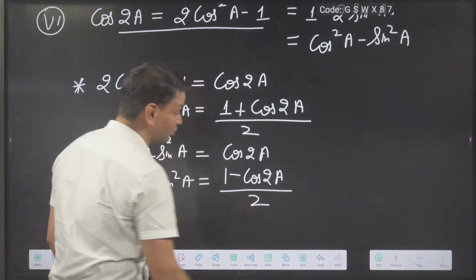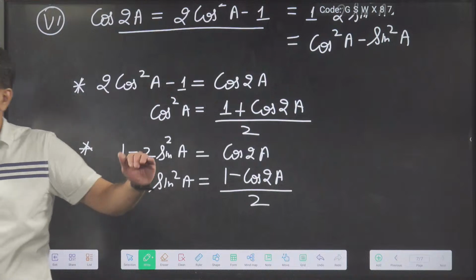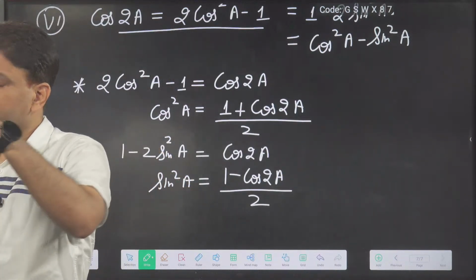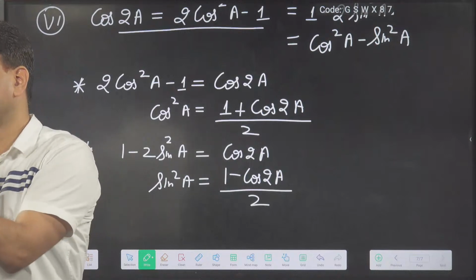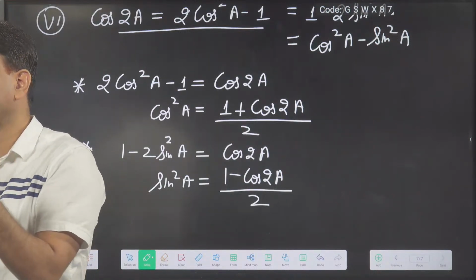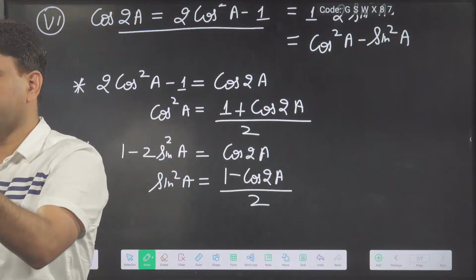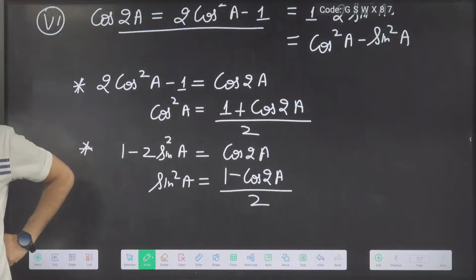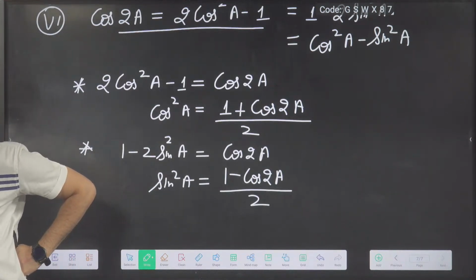This formula we are using frequently, so everybody has to remember. So similar formula, cos square a we can write 1 plus cos 2a by 2, and when we want to remove the square, sine square a we can write 1 minus cos 2a by 2. In the cos square, plus is there in between, in the sine square, minus is between.